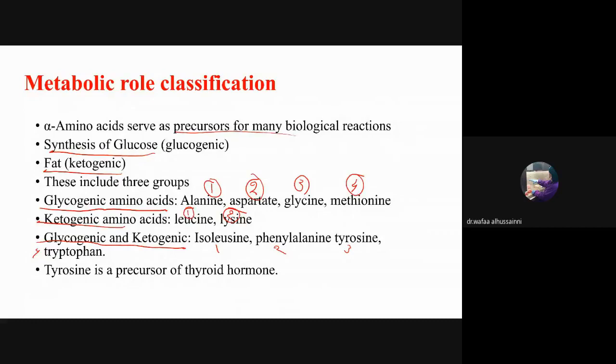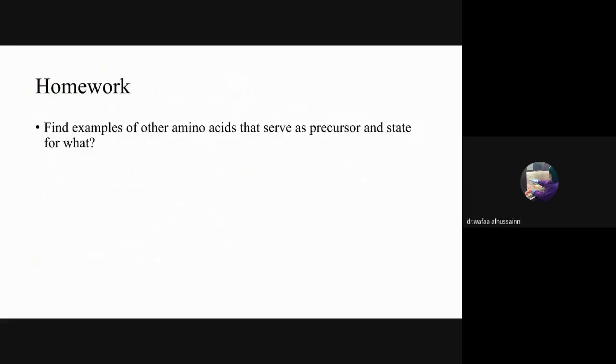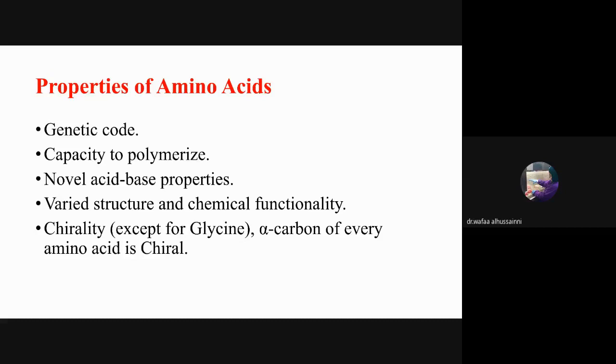Then we have tyrosine in particular, it is a precursor for thyroid hormone. Now, I have homework for you, and this homework says, find an example of another amino acid or other amino acids that serve as precursors and tell me for what. So this will be posted for you in the classroom, God willing. Any questions?